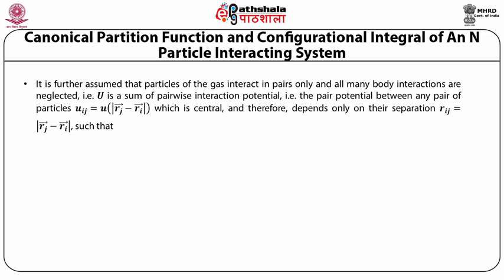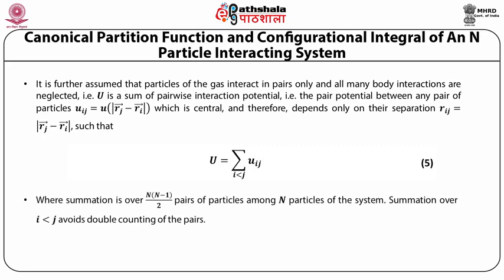That is, U is a sum of pairwise interaction potential. That is, the pair potential between any pair of particles i and j, small u_ij, is equal to small u as a function of modulus of r_j minus r_i, which is central and therefore depends only on their separation r_ij, which is equal to modulus of r_j minus r_i, such that capital U is equal to sum over i less than j, small u_ij, where summation is over n times n minus 1 upon 2 pairs of particles among n particles of the system.